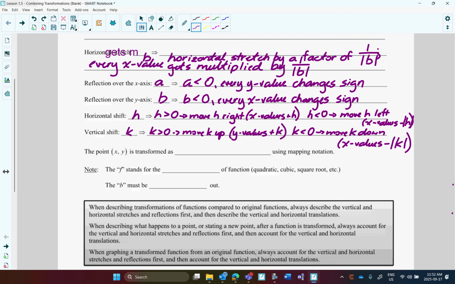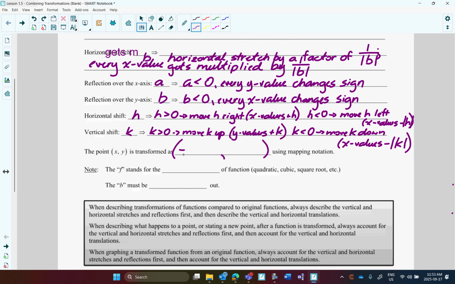Okay. So if you were given an original function and a new transformation function where it involved everything, the mapping notation would look like this. If there was a flip, you'd need a negative, a horizontal flip.